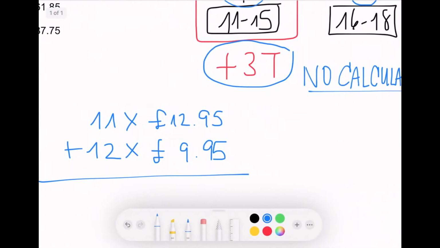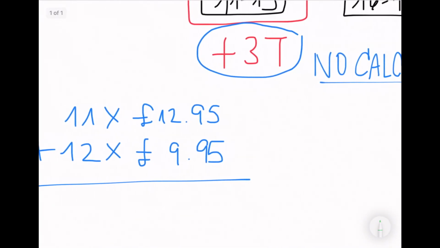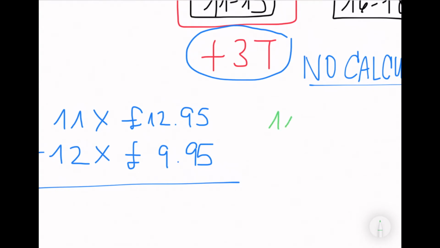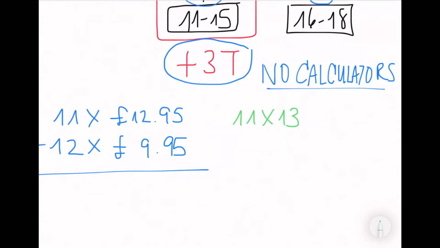So instead of multiplying by $12.95, another thing you can do is multiply by 13 pounds, right? So 11 times 13 pounds, and later we're just going to subtract 11 times 5p, right?